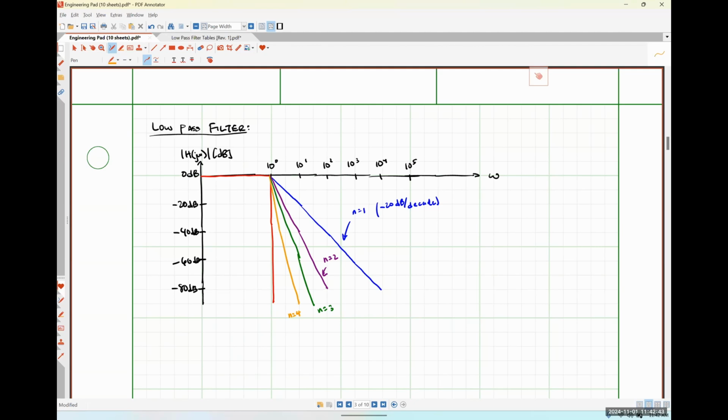So the higher order filter we have, the more closely it approximates that ideal behavior. But it would take a really, really high order for us to actually get to effectively right after our cutoff frequency, our signal is fully attenuated, however we choose to define that.